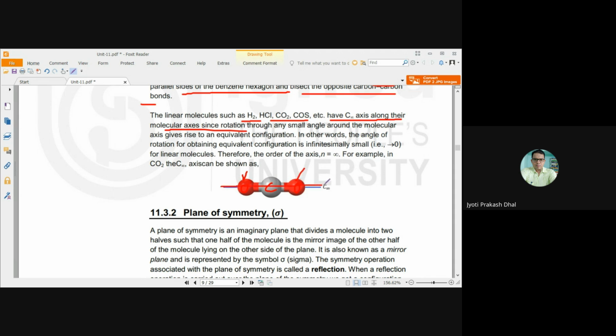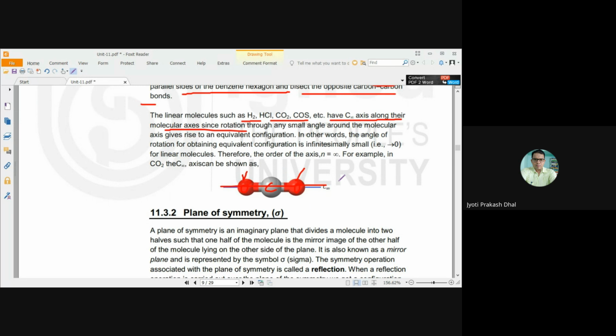So this is the C infinity axis of rotation, because here for the value of n you can take any angle. If you rotate the molecule through any angle, an identical configuration will be obtained. So the angle of rotation tends to 0, and 360 divided by 0 gives infinity.